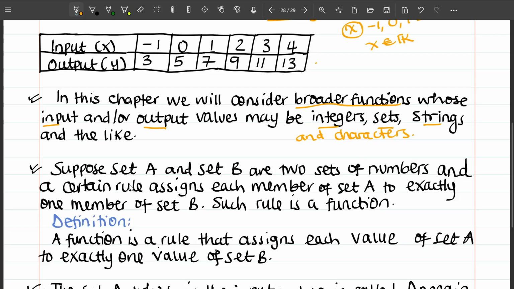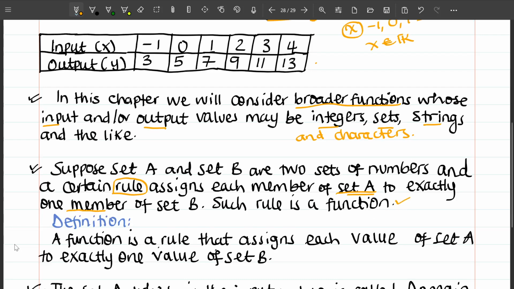For us to visualize this easily, let us suppose that we have two sets, set A and set B, and a certain rule. If there is a certain rule that assigns each member of set A to exactly one member of set B, such a rule is what we call a function.